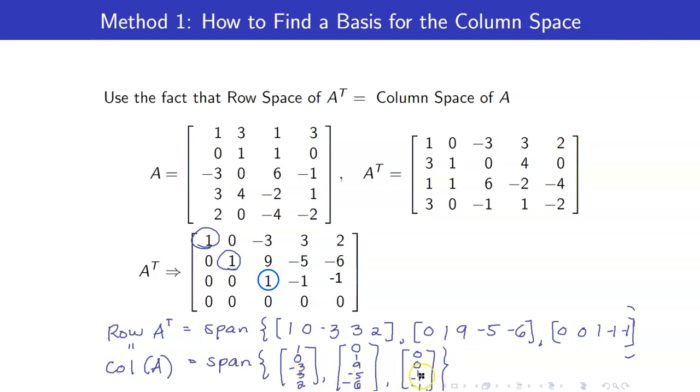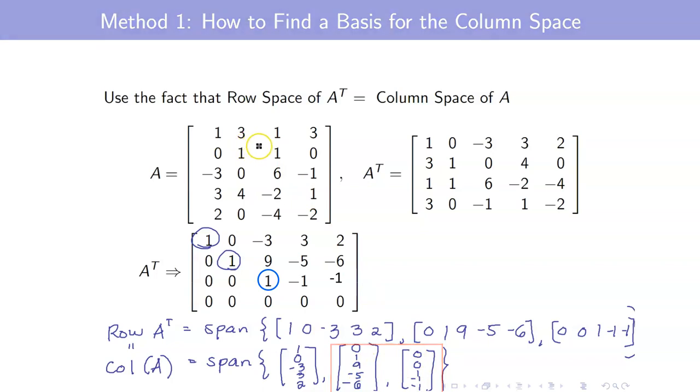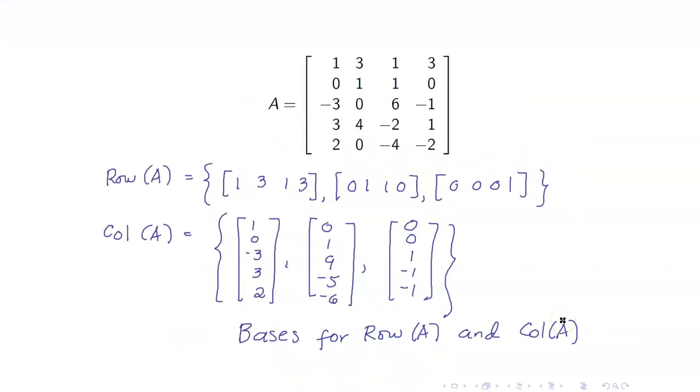Take note here that the columns that we obtained are not all columns of your original matrix. For the first vector, yes, it is a column of A. However, the two other vectors here are not columns of your original matrix A. Here is a summary of what we have obtained.